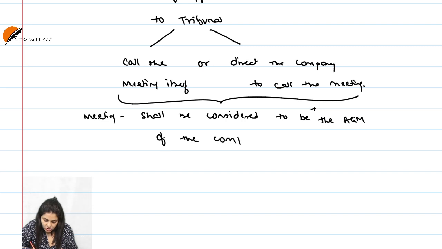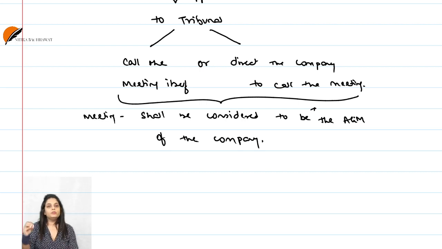When the company does not call the meeting and the member makes an application to the tribunal, the meeting called will be considered as the meeting of the company.